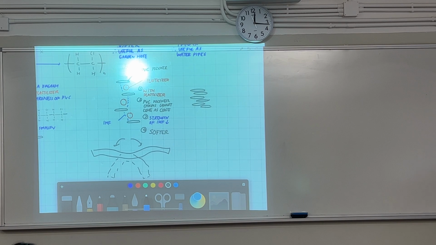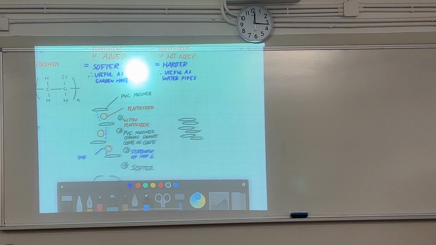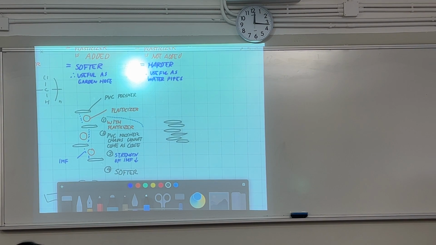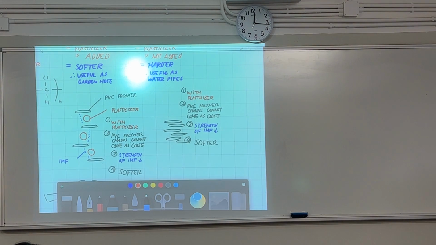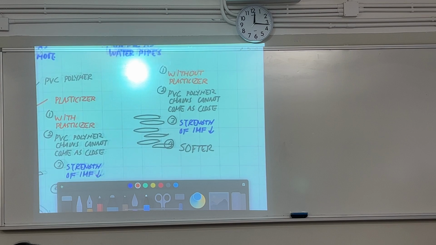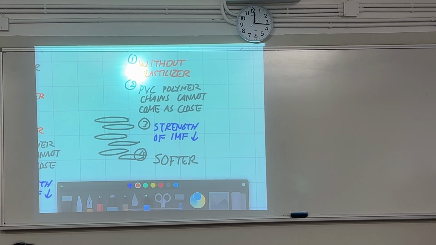What about on the right? If we do not add any plasticizer, I can just flip this around and it should make sense. Without plasticizer, the PVC polymer chains can come very close together. That means the intermolecular force strength can be pretty strong between these molecules.